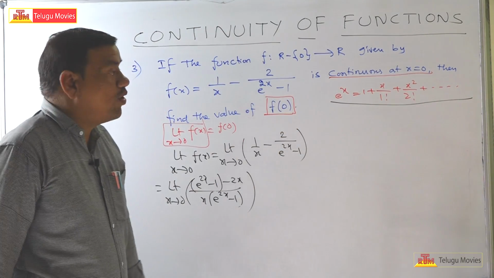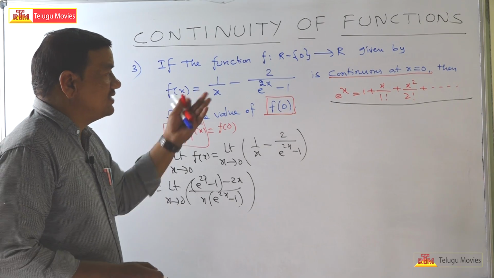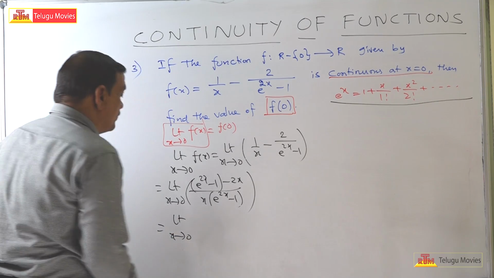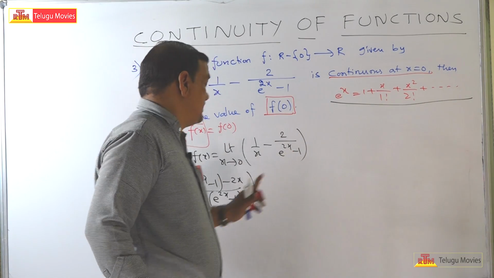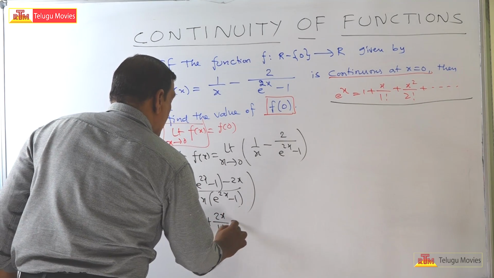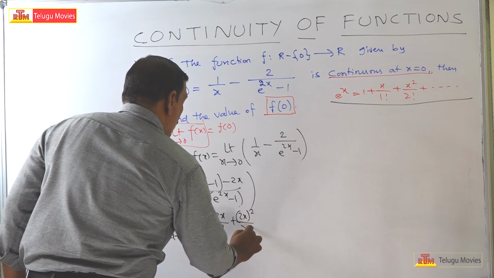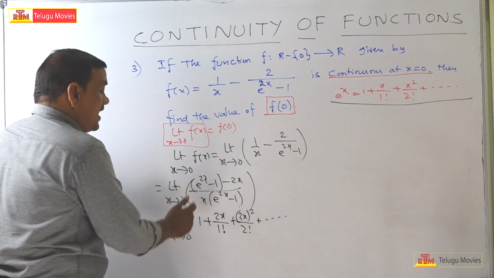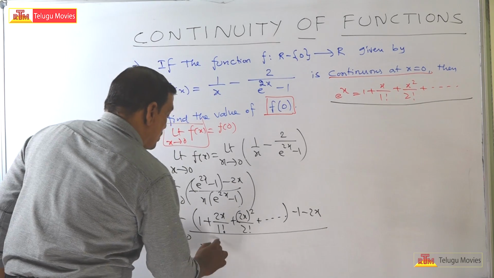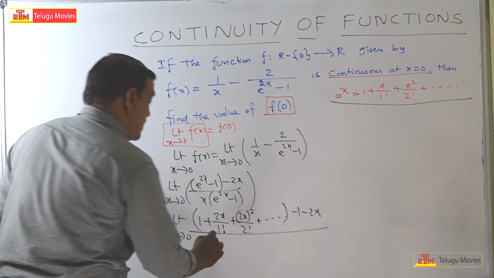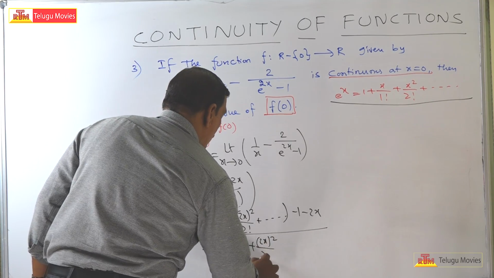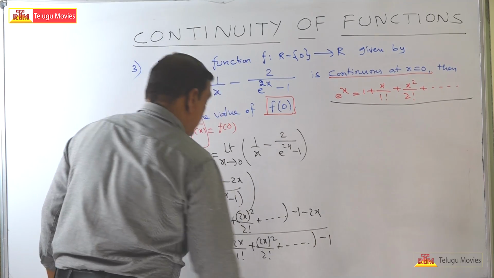We have the expansion e power x is equal to 1 plus x by 1 factorial plus x square by 2 factorial plus so on. So do this expansion. Limit x tends to 0, e power 2x, in place of x, 2x is there. Therefore this is 1 plus 2x by 1 factorial plus 2x whole square by 2 factorial and so on, minus 1, minus 2x. In the denominator also, e power 2x expansion, that is 1 plus 2x by 1 factorial plus 2x whole square by 2 factorial plus so on, minus 1.